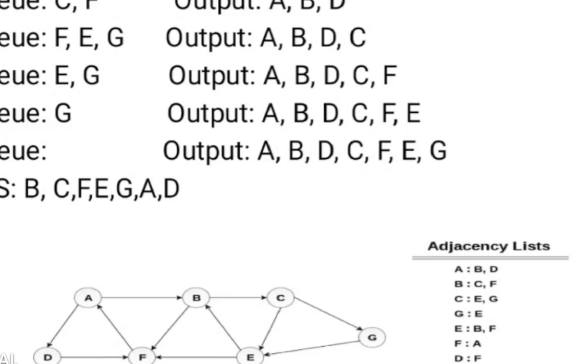From C, in the queue goes F, E, F is already there, E and G. From G, E goes to the queue, but since it is already there, it is simply output.